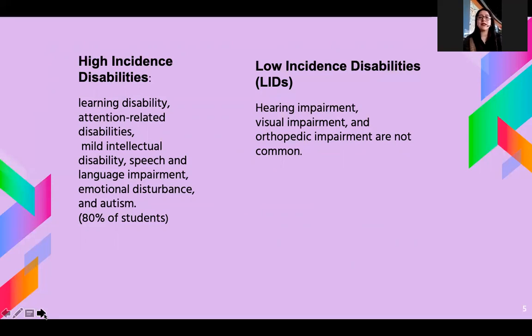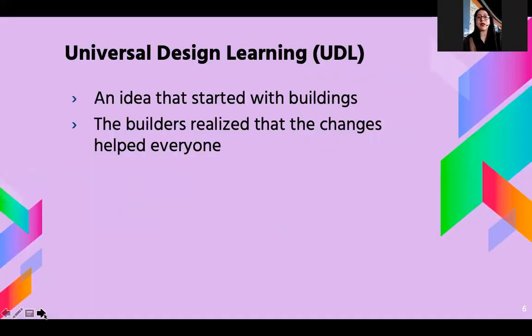And they represent 80% of the disabilities that we can find in our students. The low incident disabilities are those like hearing impairment, visual impairment, and orthopedic impairment, which are not really common, not just periodical. The first ones are called invisible disabilities because we cannot really see them very well.